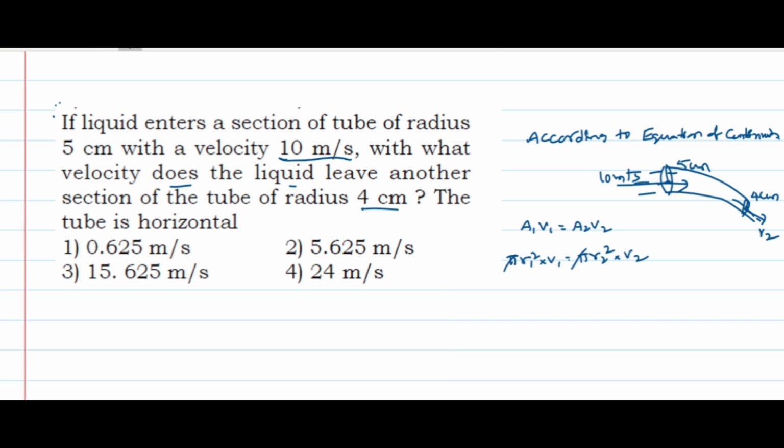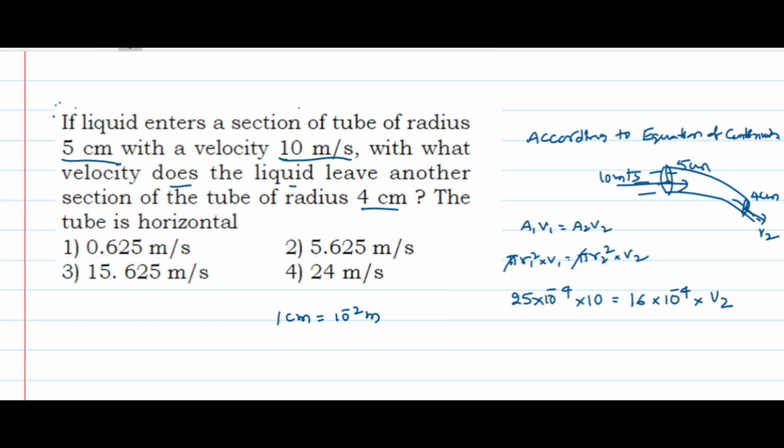Pi gets cancelled. The initial radius is 5 centimeter, you square it: 25, with centimeter square meaning 10 power minus 4 meter square, into the velocity 10. R2 square is 16 into 10 power minus 4 meter square into V2.